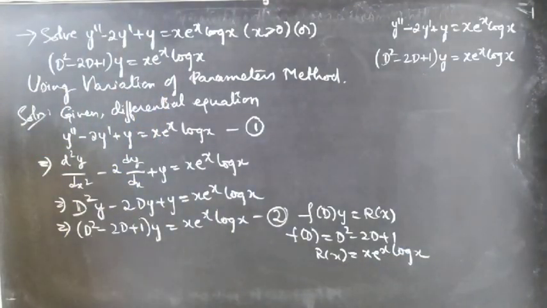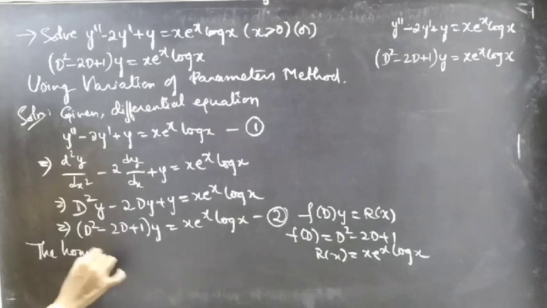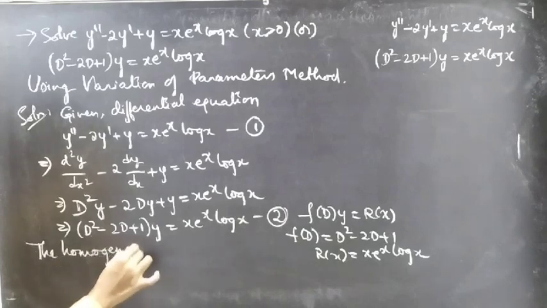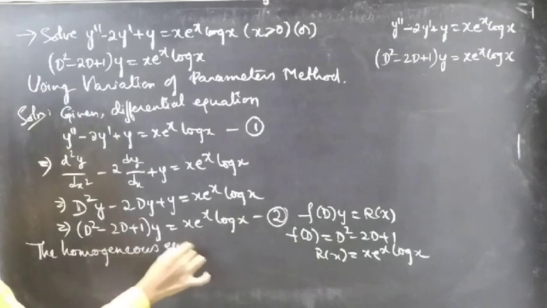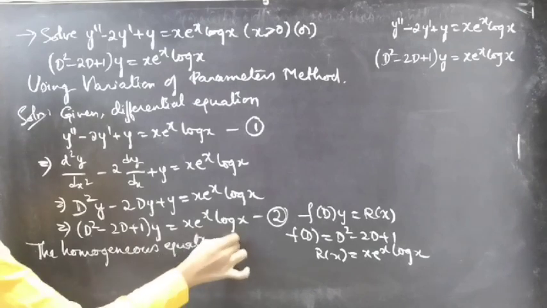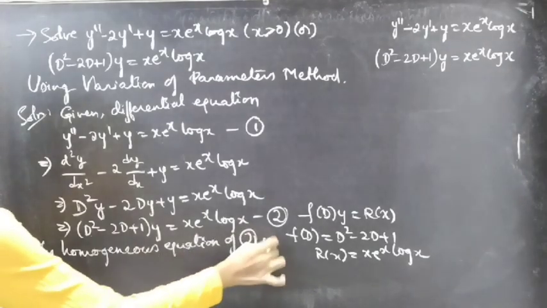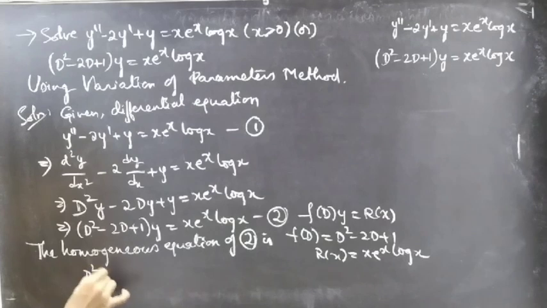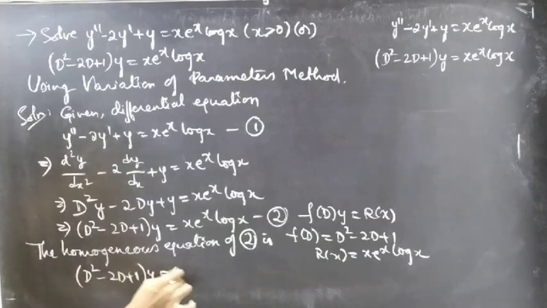Let's now write the homogeneous equation of equation 2. The homogeneous equation of 2 is D square minus 2D plus 1 into y equal to 0. Consider as equation number 3.